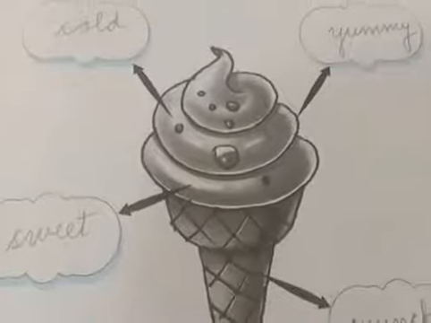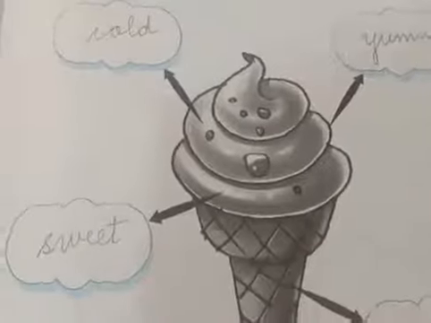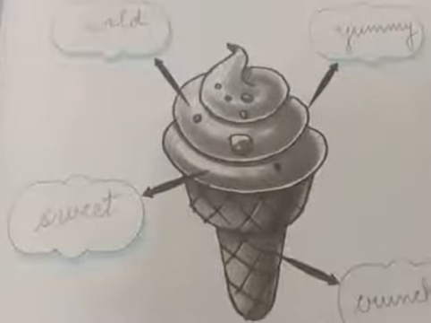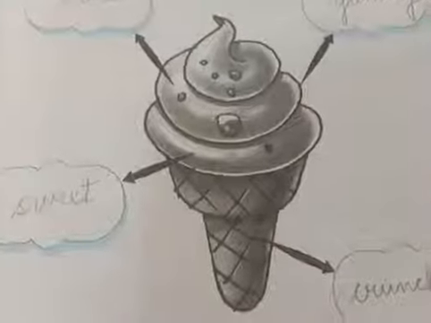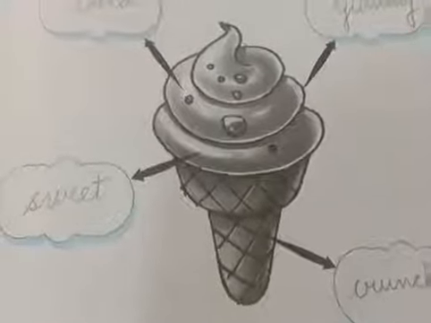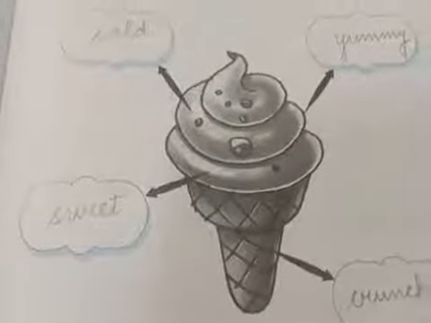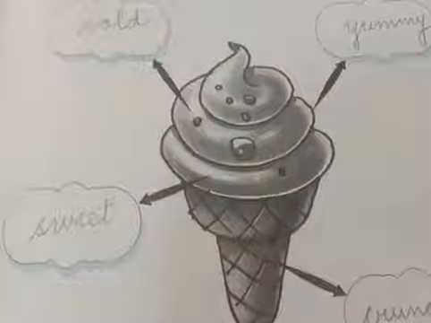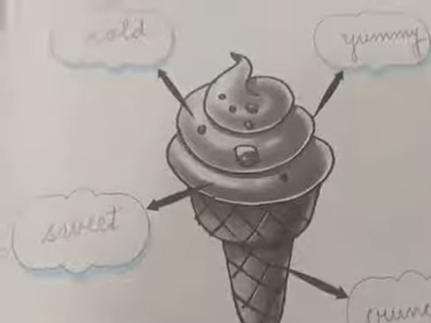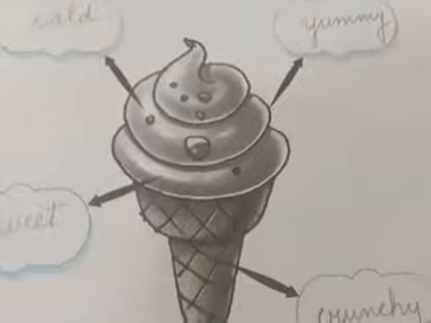Now come to question number 16. Fill in the clouds with words of your own choice to describe an ice cream cone. Okay, we have to use describing words to describe this ice cream cone given. Then complete the statements given below with the right articles. Okay, so first we will write the describing words. Okay, adjectives for this ice cream: cold, sweet. Yes, ice cream is cold, sweet, yummy, and the crunchy.